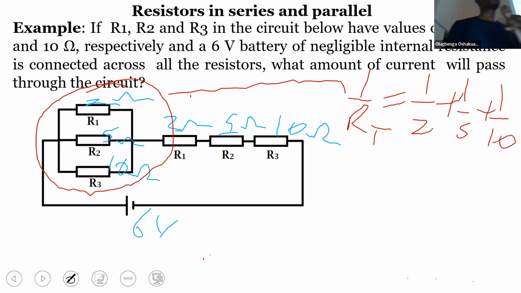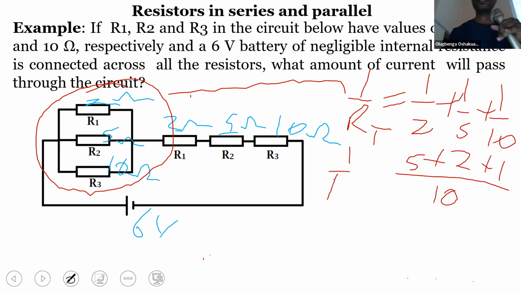So what do we do next? LCM. LCM of 2, 5, and 10. How do we do LCM? We draw a table, right? So 5 plus 2 plus 1.